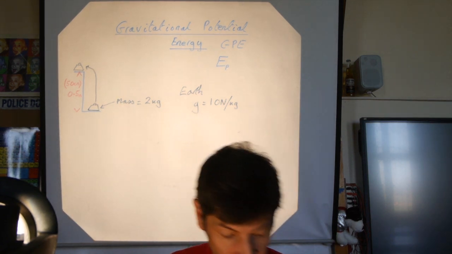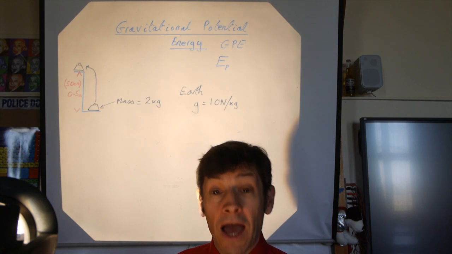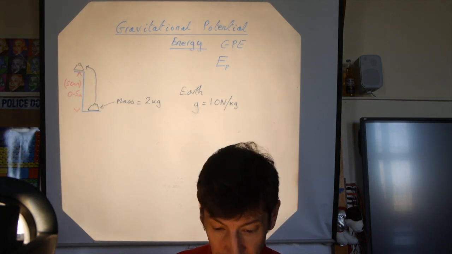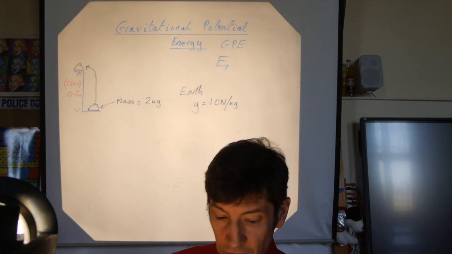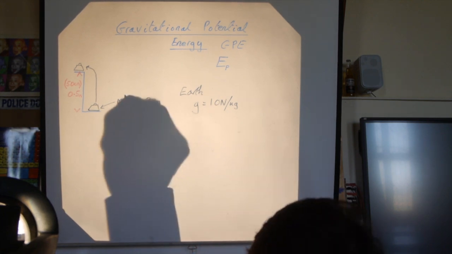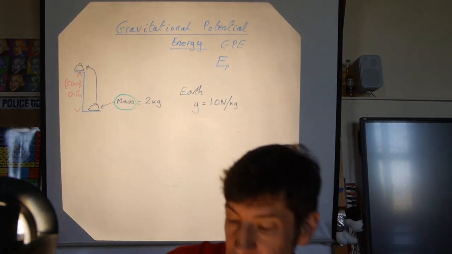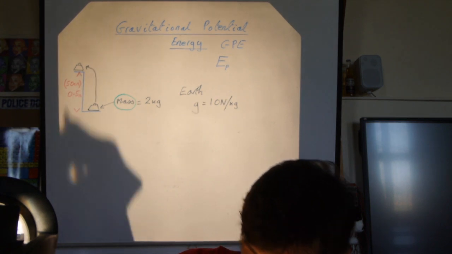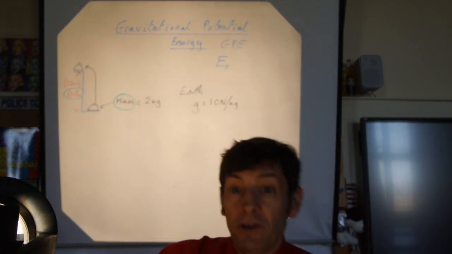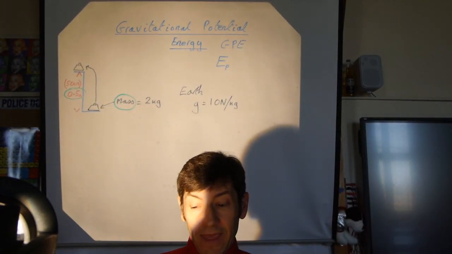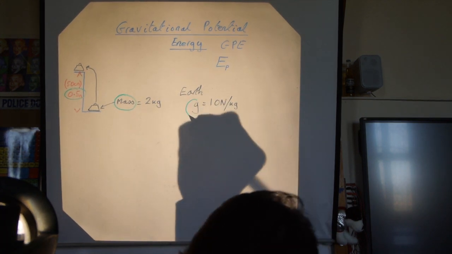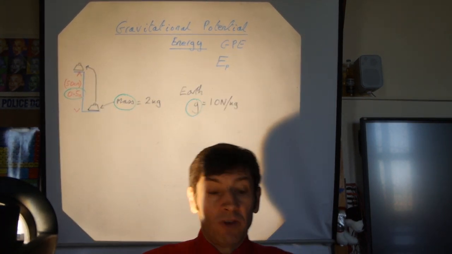So we said that the gravitational potential energy of something depends upon 3 things. It depends upon the mass of the object, the vertical height that you lift through, and the gravitational field strength.